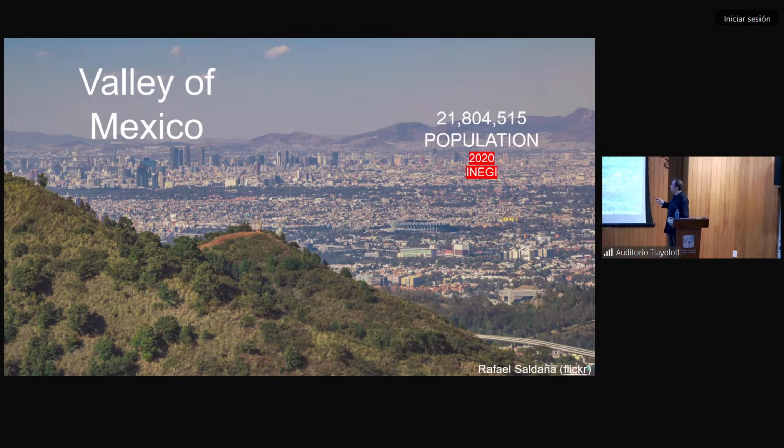This is probably close to the population of most of your countries, or perhaps half the population of the country. So for example, Colombia is about 50 million. So Mexico City, or the Valley of Mexico, is about half the population of Colombia. So it's one very crowded city.